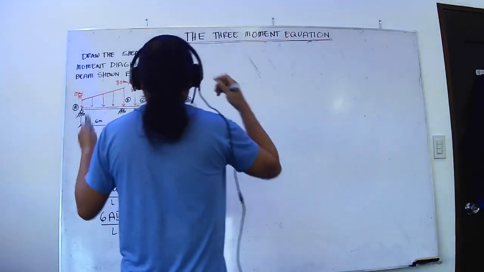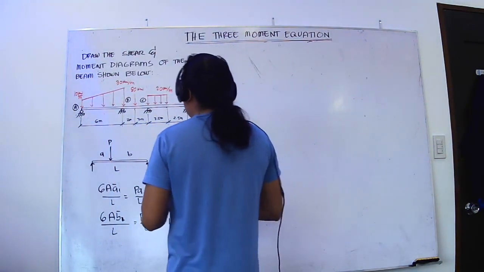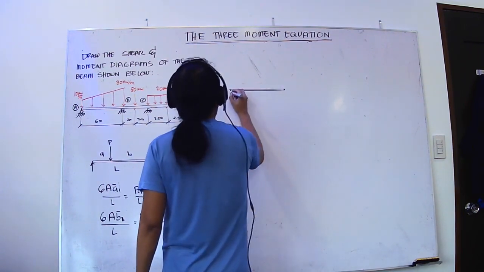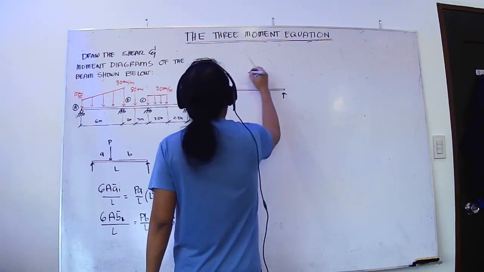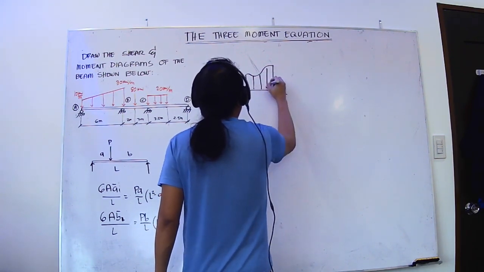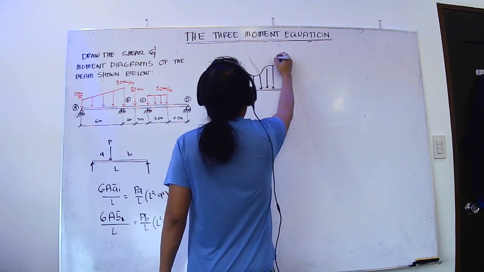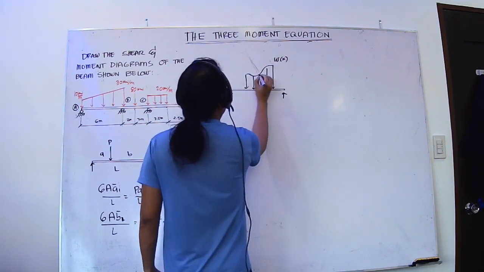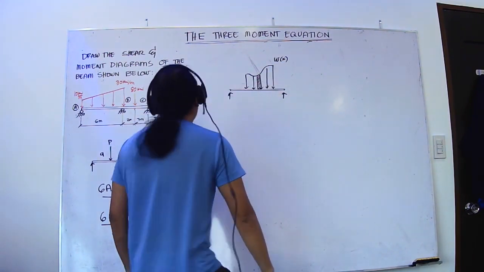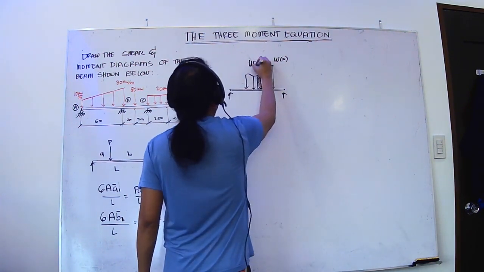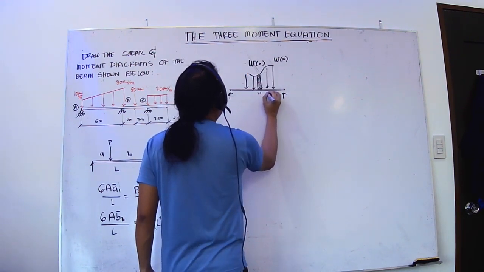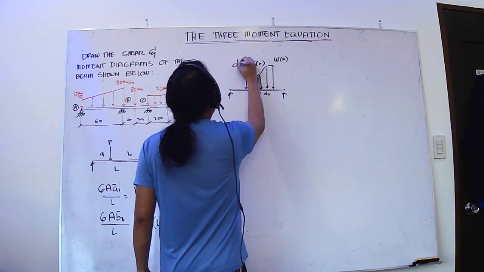To handle a distributed load, I take a small strip on it that is just basically W X times its thickness, by the way, that is dx. So the strip is W X times dx.